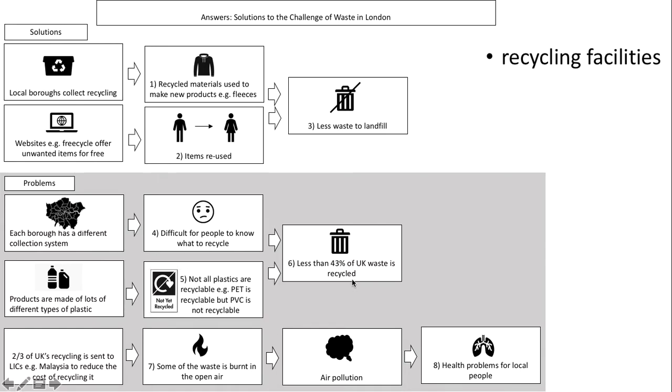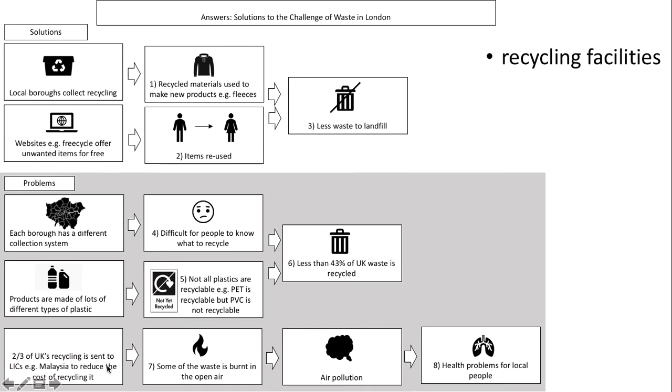And we know that less than 43% of UK waste is recycled, even though everyone has access to recycling facilities. So that could potentially make up a contrasting paragraph saying how the greenhouse development may not be as sustainable as it first appears, because even though there's recycling facilities, doesn't mean that all waste is going to be able to be recycled.